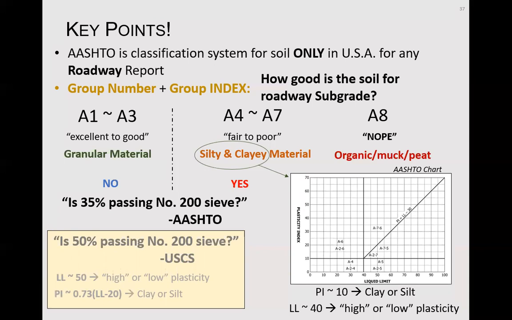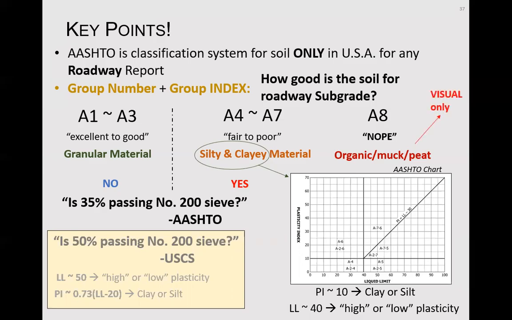So there are similar principles here. It's just that they're gearing it towards different audiences. So there are different equations and different classifications, but at the end, we're still looking at the same broad categories of soil: granular, sandy, or silty and clay.